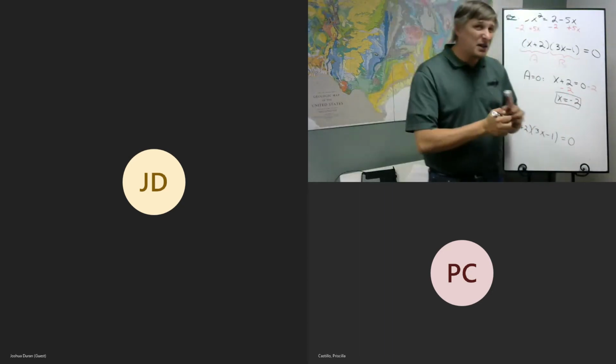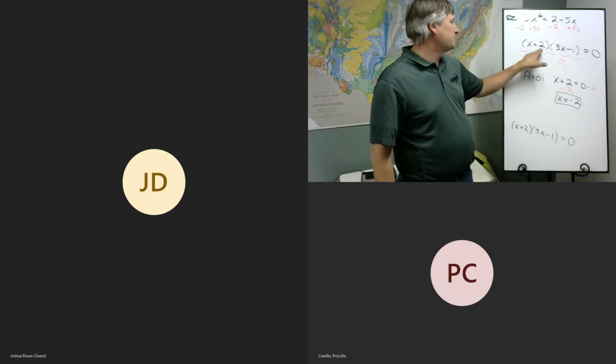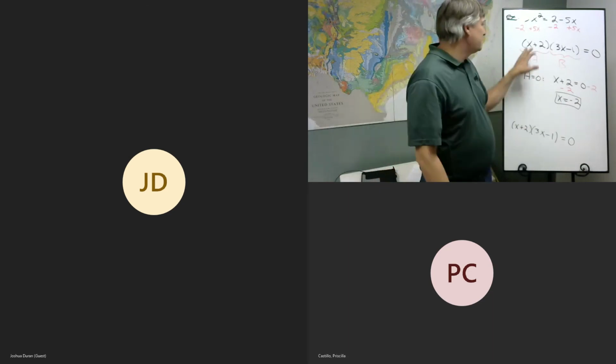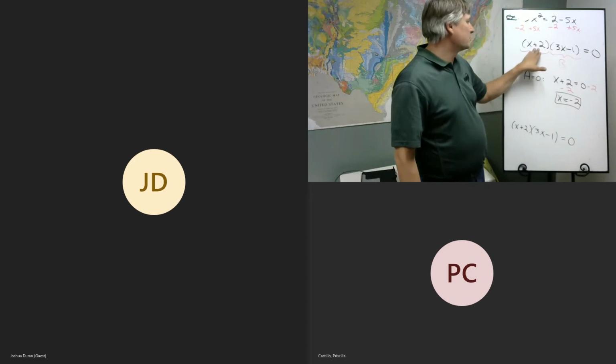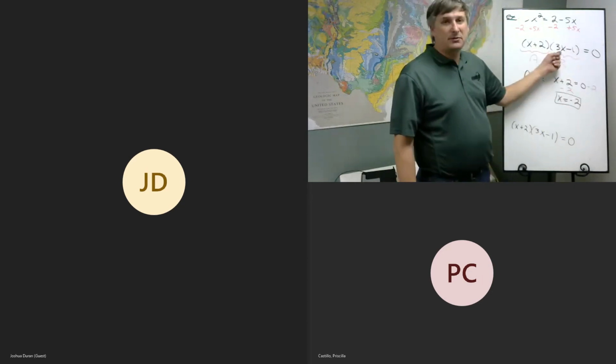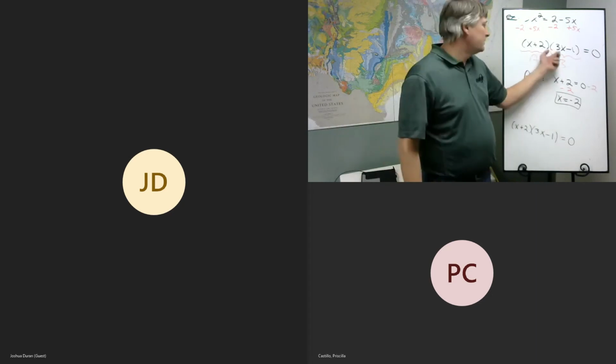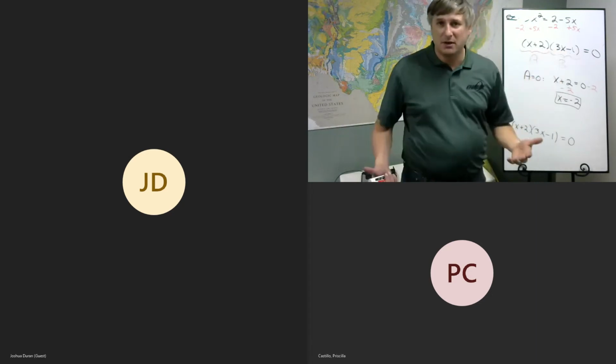And it kind of makes sense. If you take -2, you put it in here, -2 plus 2 would be 0. And anything times 0 is going to be 0. Now, it doesn't matter what this turns out to be. If you take -2 times 3, you get -6. -6 minus 1 is -7.